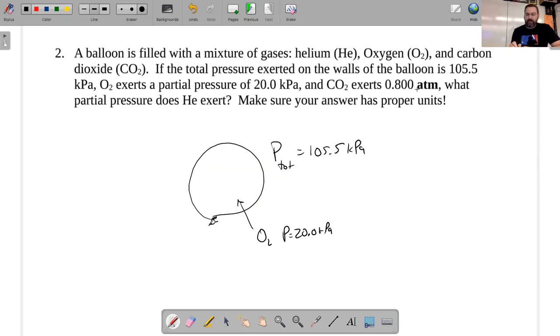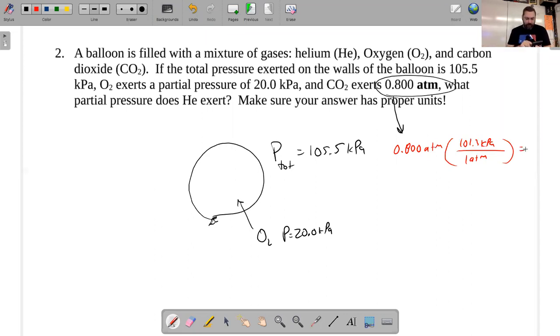Now, you can't have a unit of atmosphere mixed with a unit of kilopascal. So this pressure in atmospheres, we've got to convert into kilopascal first. So 0.800 atmospheres. 1 atmosphere is the same as 101.3 kilopascal.